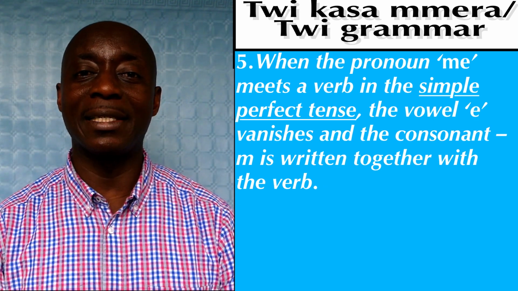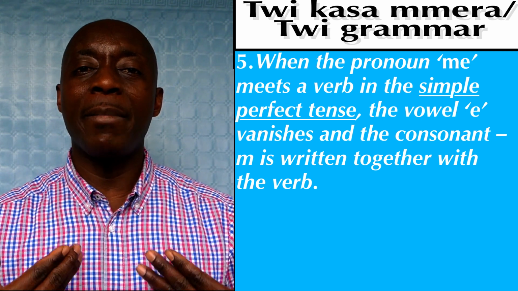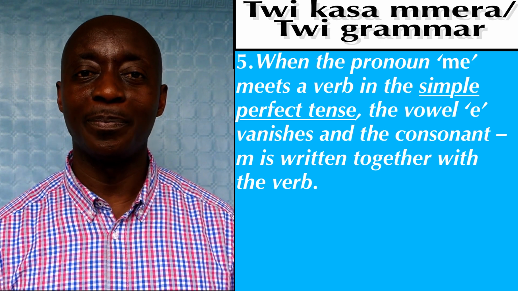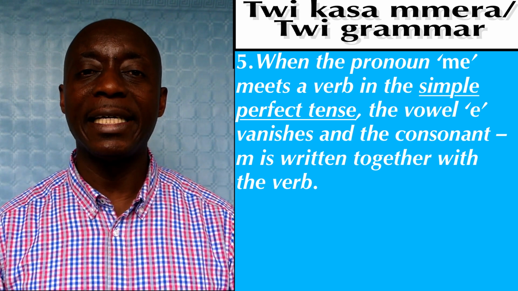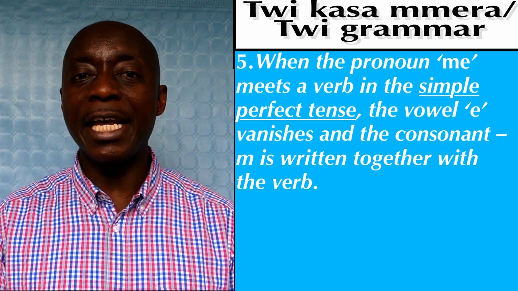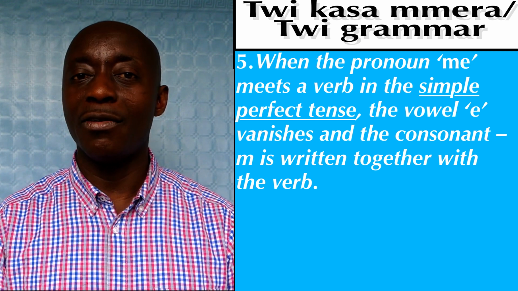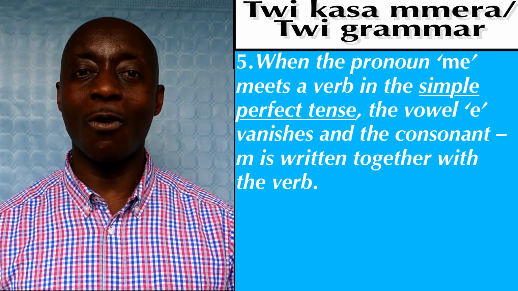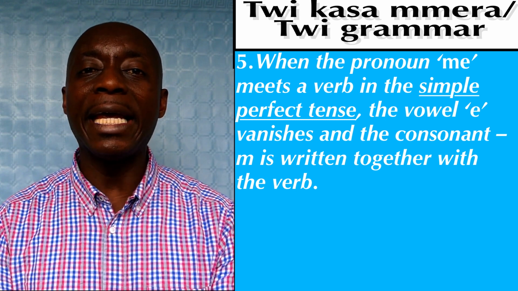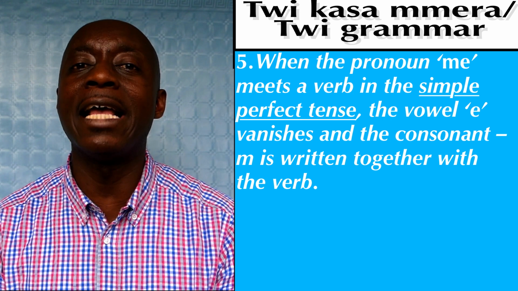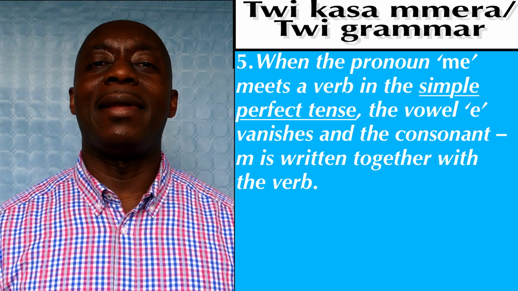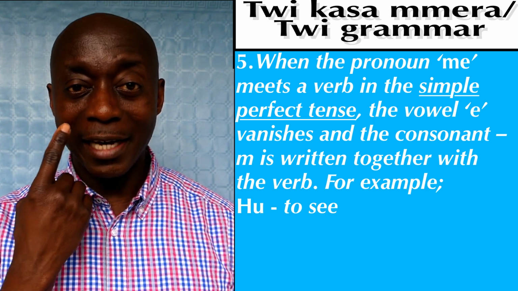The fifth rule is that whenever me, that is me, when this particular pronoun meets a verb in a simple perfect tense, the vowel in me, that is E, vanishes. And then the consonant, that is M, is written together with the verb in the simple perfect tense. Let's give an example. Let's take a verb like hu, that is to see.